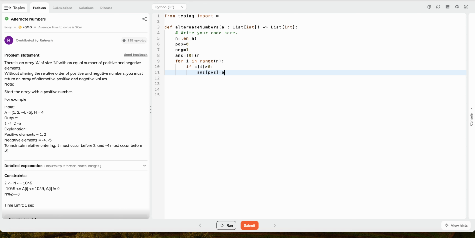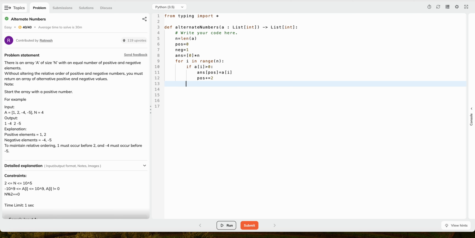So answer of positive is equal to array of i, and positive needs to be incremented by 2 because the next position at which a positive element will be placed will be at plus 2 position. If the first positive element is at 0, the next positive element will be at second position, the next positive element will be at fourth position, so this value will be incremented by 2.